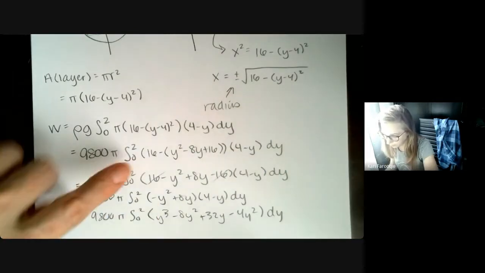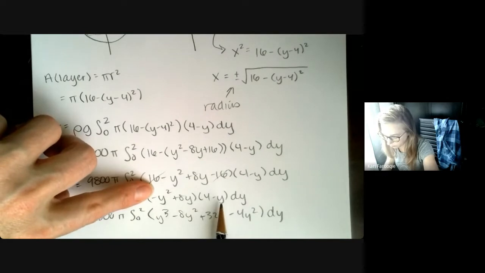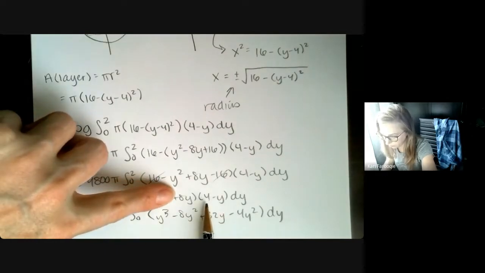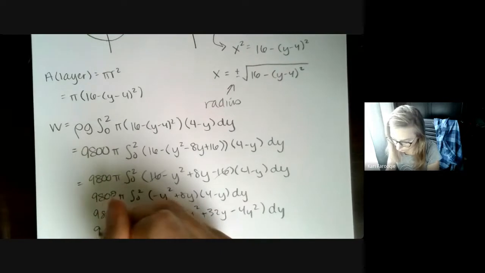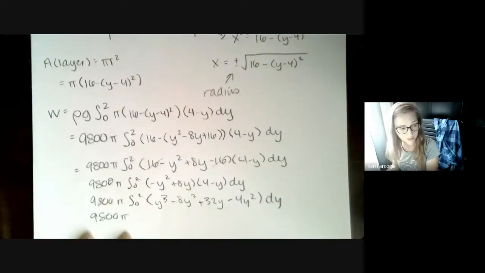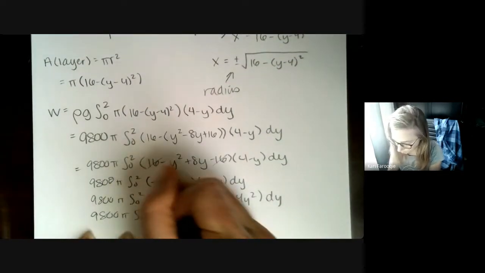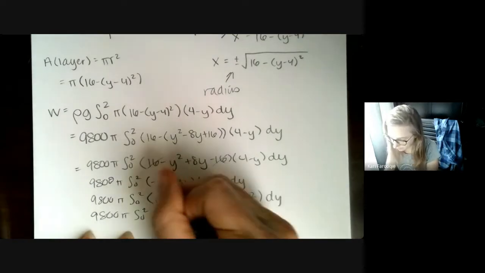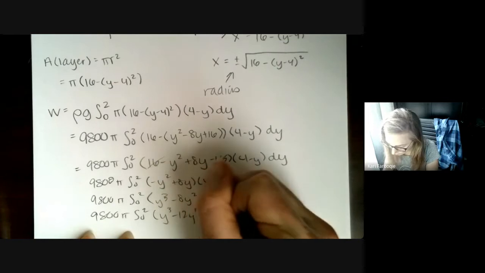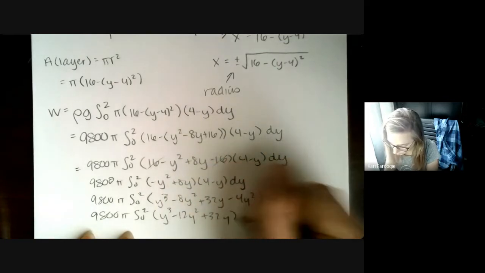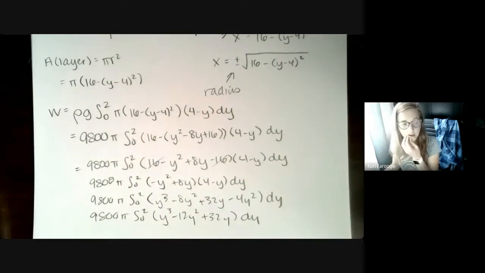So let's see. Plus y cubed minus 4y squared plus 32y minus 8y squared. And then we'll simplify this one more time. I'm running out of space here at the bottom. I'm going to have to switch over. So this is y cubed minus 12y squared plus 32y dy.